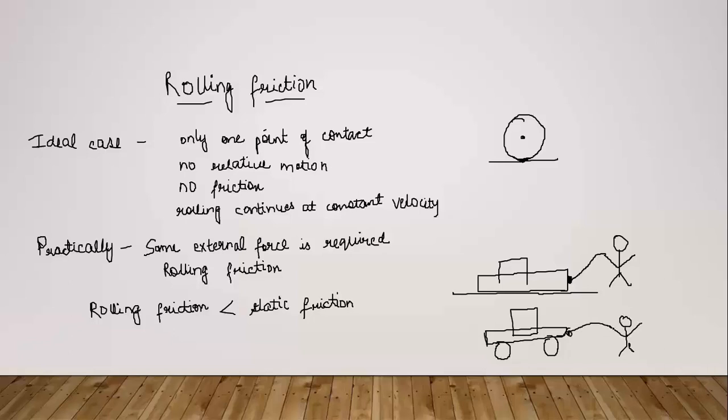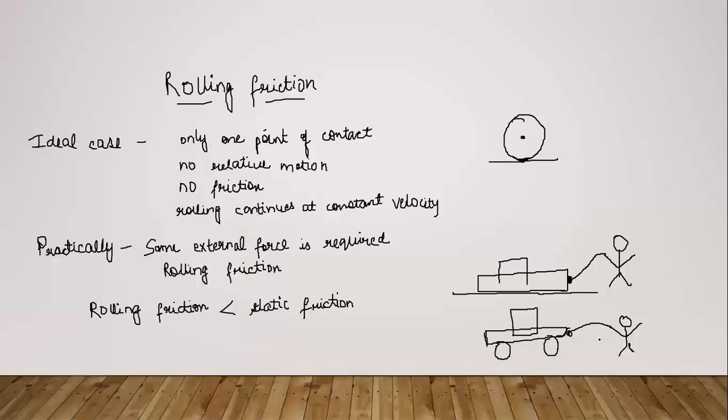So if you imagine these two situations, what will you observe? You will observe that for the first case, you will need a lot more force to pull that horizontal plate or plane. And in the second one, in which wheels are there, you will need a much lesser magnitude of force to pull this cart.